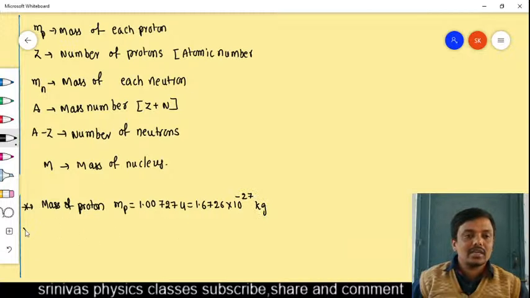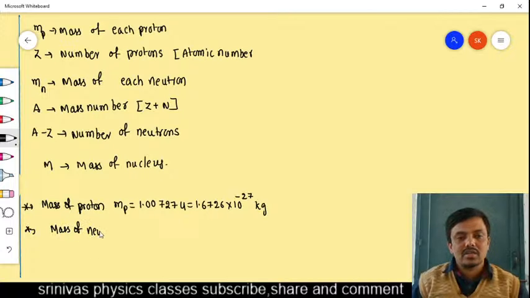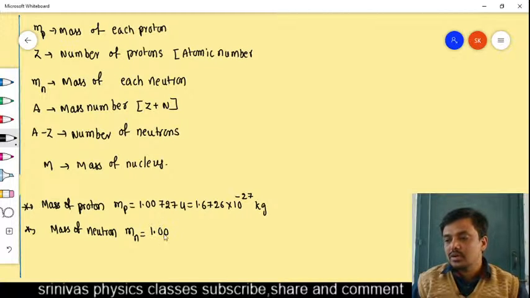Next, the mass of neutron, mn. Its value is 1.00864 u in AMUs, and in kgs 1.6750 into 10 to the power of minus 27 kg.